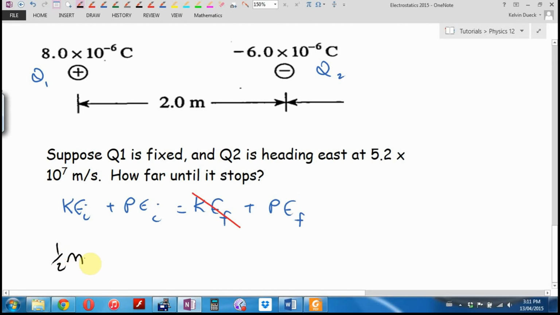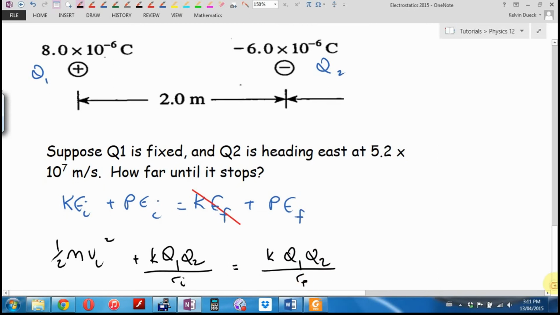A half mv initial squared plus, mgh? No. K Q1 Q2 over R initial. That's going to equal K Q1 Q2 over R final.